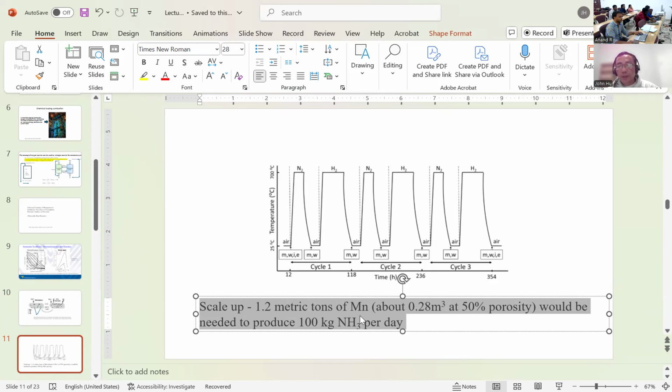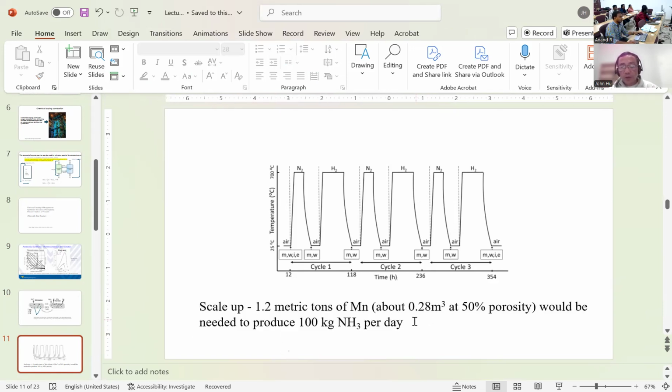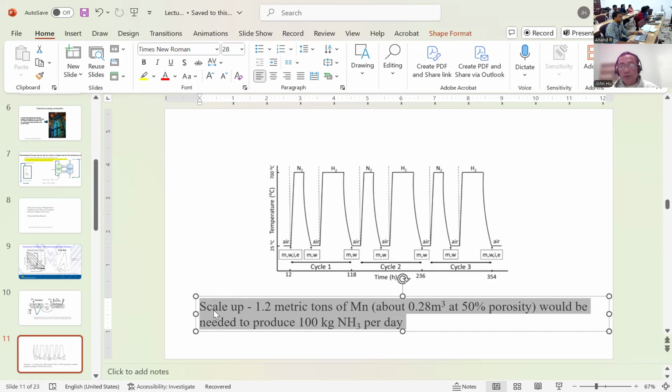I will give you some clues, and then you can do the homework, and we can work together in the classroom. We want to see if we agree with this number, or we may come up with a different number based on the data in the paper. We will do the calculation together tomorrow. It's going to be a case study.